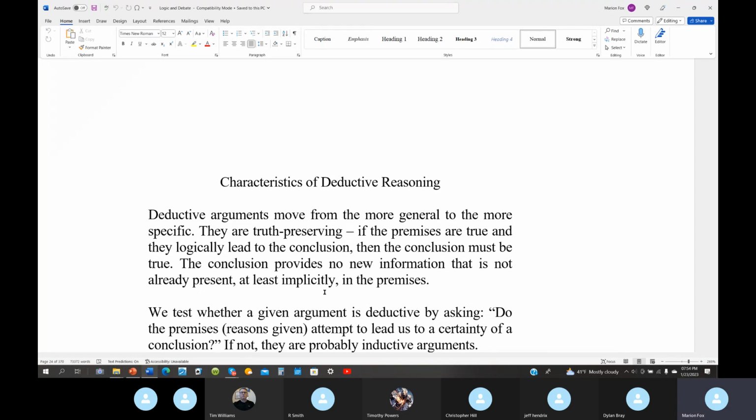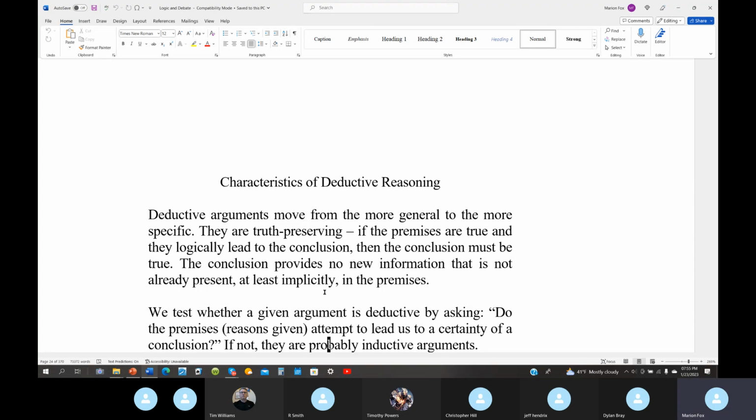They go in the opposite direction. Now, deductive arguments are truth preserving. If the premises are true and they logically lead to the conclusion, then the conclusion must be true. The conclusion provides no new information that is not already present, at least implicitly, in the premises. It's already there, we just have to find it.